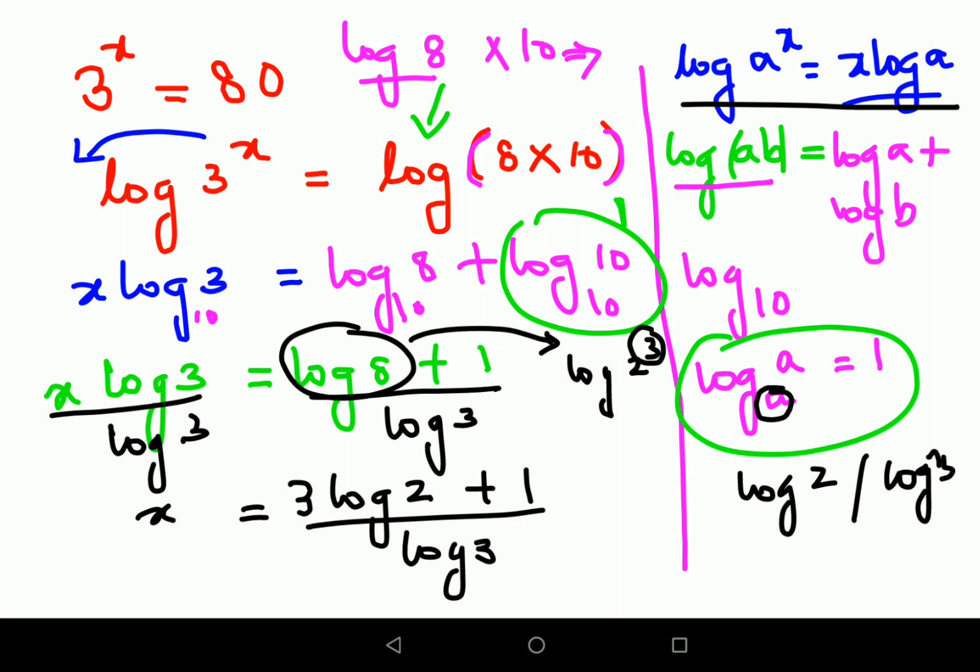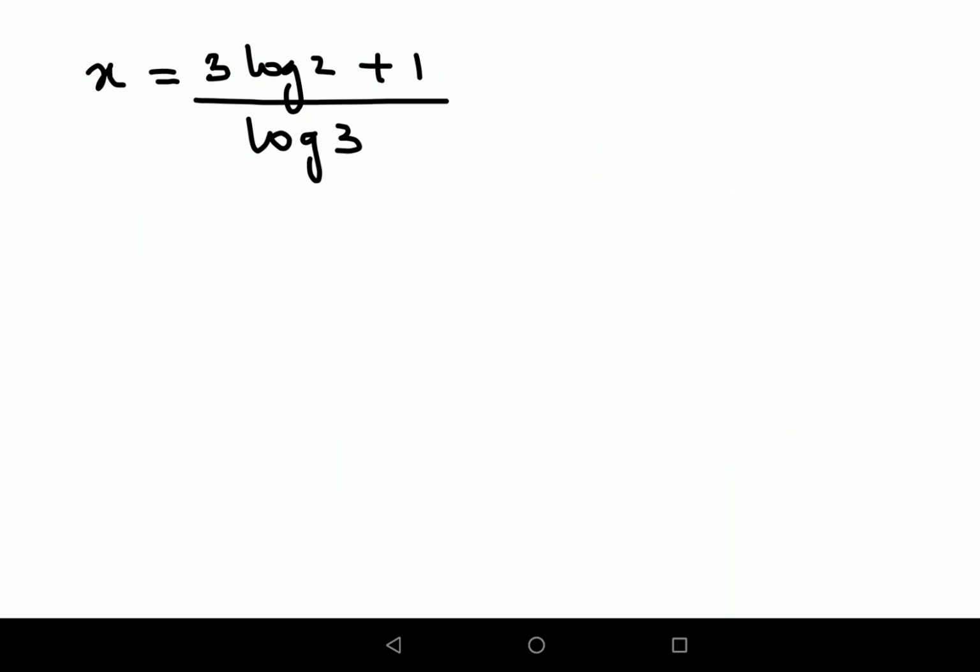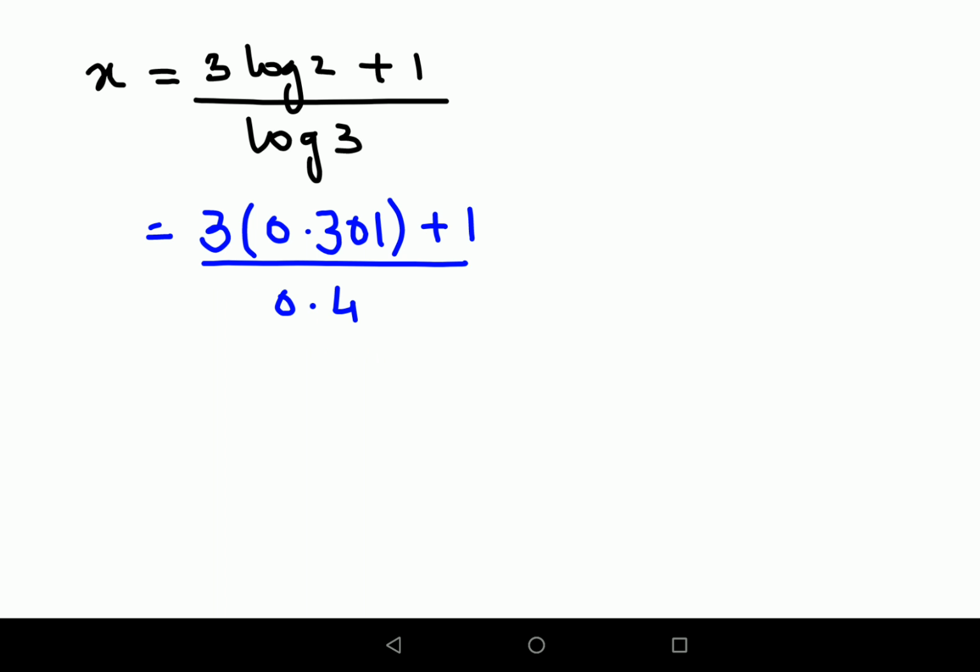Now time for us to put the values. So we all know the value, or if you don't know, I'm going to mention this: log 3 and log 2. So log 2 value is 0.301, plus 1. And log 3 value is 0.4771.